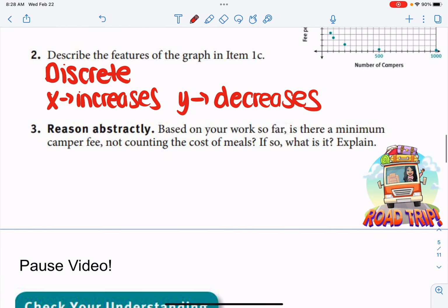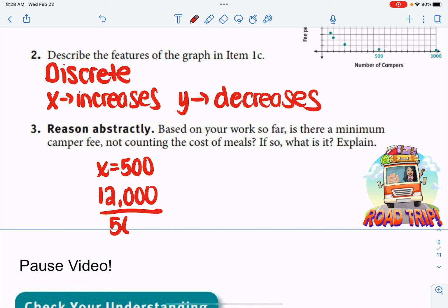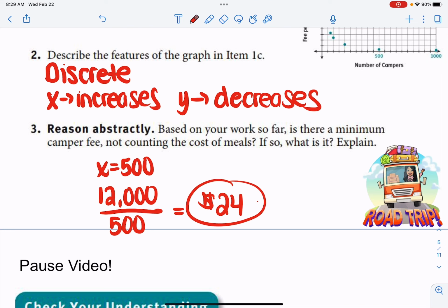So if x was 500 and we were to find f of x or y, you would do 12,000 divided by 500, and that would be $24. Therefore, the minimum amount of camp fees would be $24.